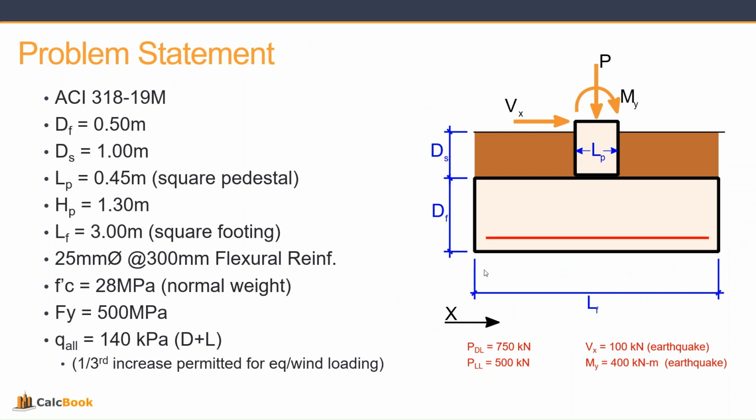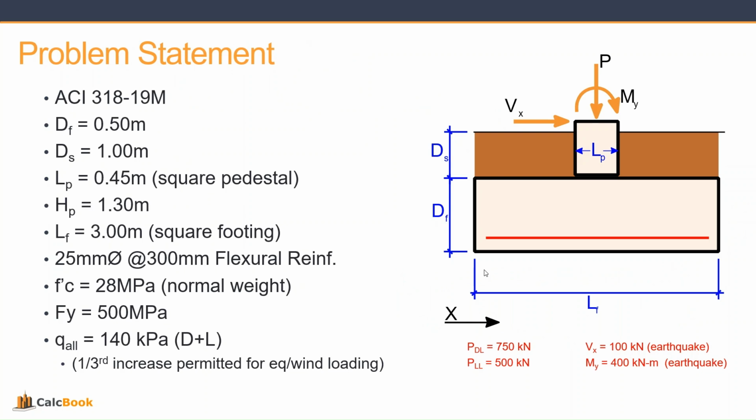Okay, so let's take a look at our problem statement. We're going to be utilizing ACI 318-19M, the metric version of the code. Pretty similar between the two, just some different factors here and there. The depth of our footing is 0.5 meters. Our depth of soil above the footing is 1 meter. Our pedestal dimension is 0.45 meters square, in both directions.